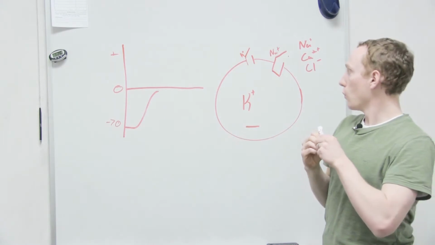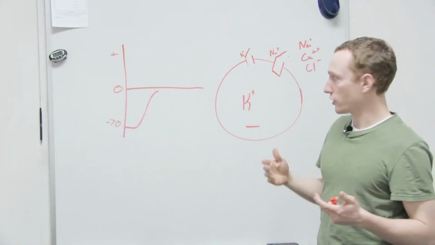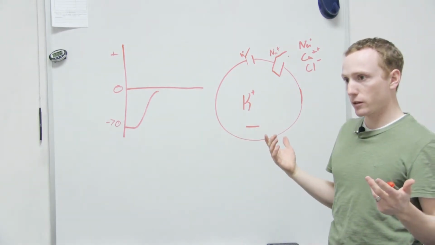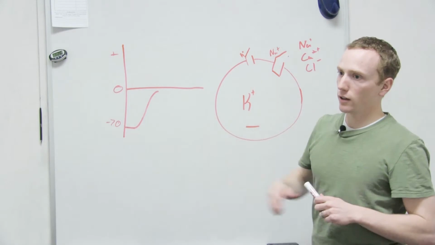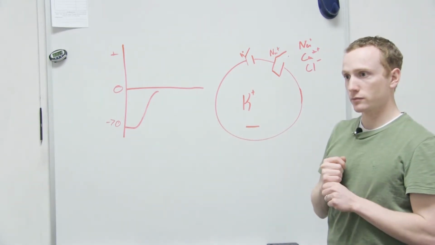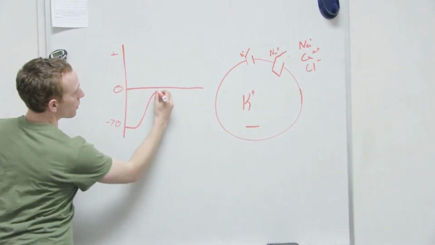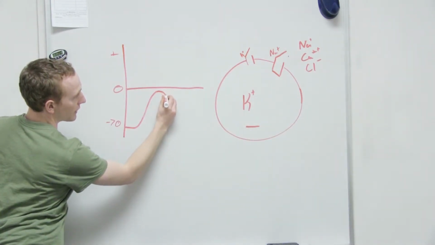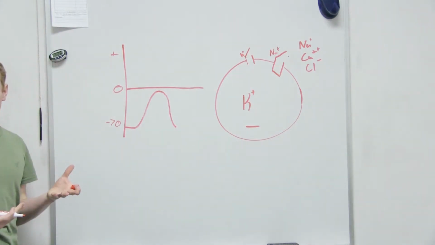So, what's going to happen to sodium? Sodium will stop going in. What happens to potassium? Potassium will go out. So potassium starts to flow out. How does that affect the charge? Positive is leaving the cell. It'll go more negative. So you get this part, and this is called repolarization, because we're repolarizing it.